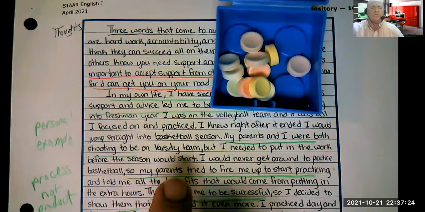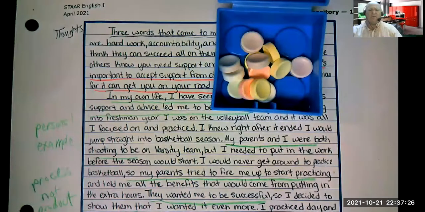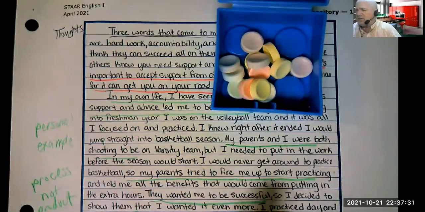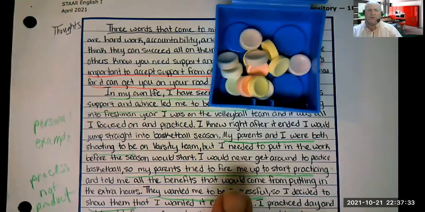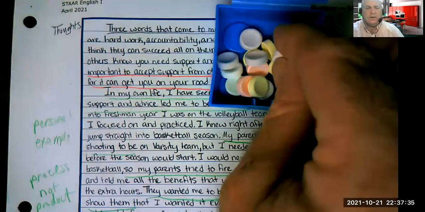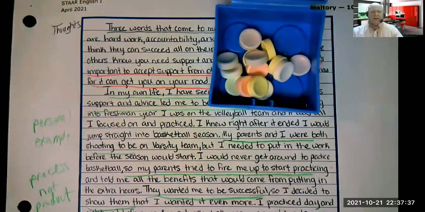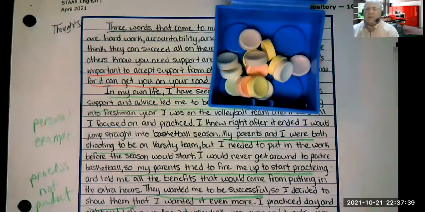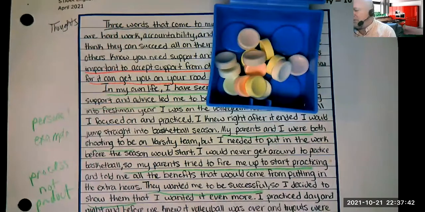And they also told me the benefits that would come. So a compound predicate, they did two things, so I'll give them credit for that. I remember them saying firing me up, that's an idiom.